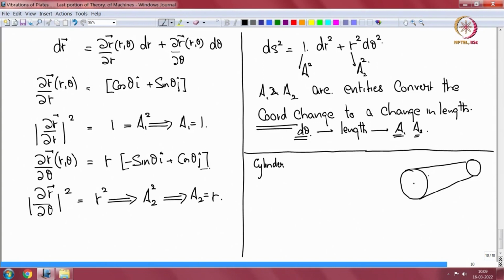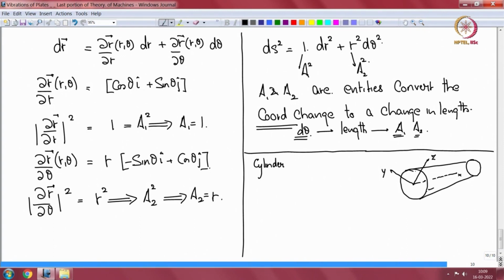I will take my x axis along the central axis, then I have my y this way, and then my z this way. So this is y, this is x, this is z. So y, z are in this plane of the circle.